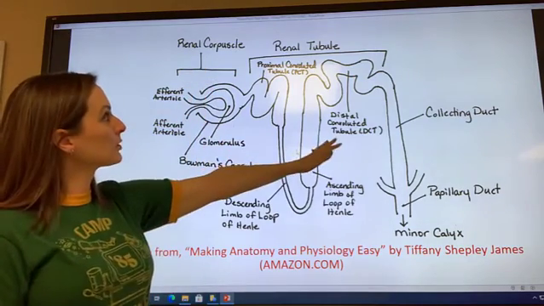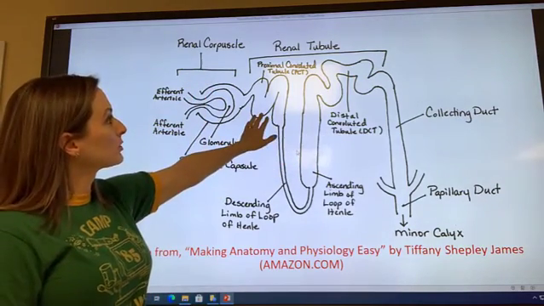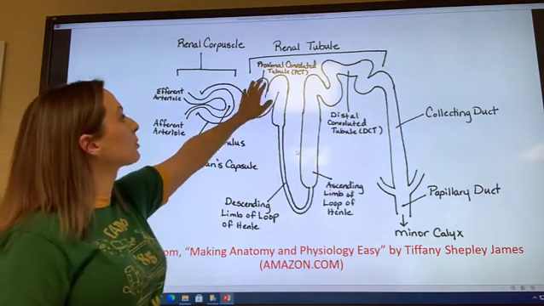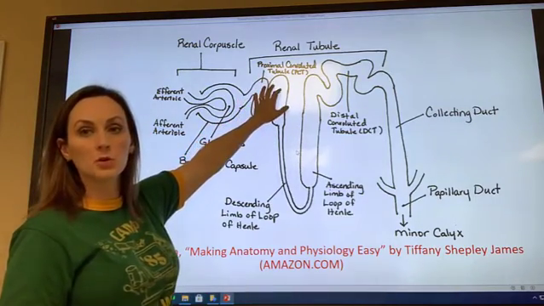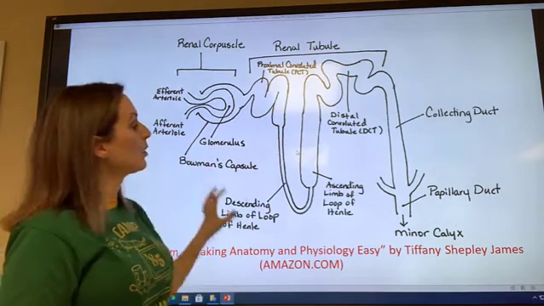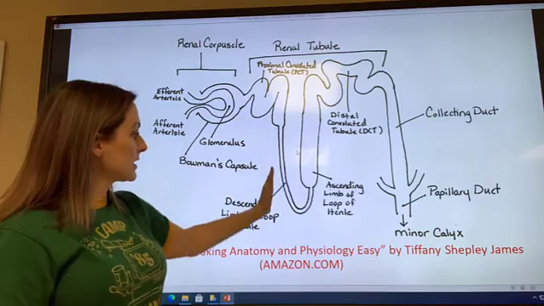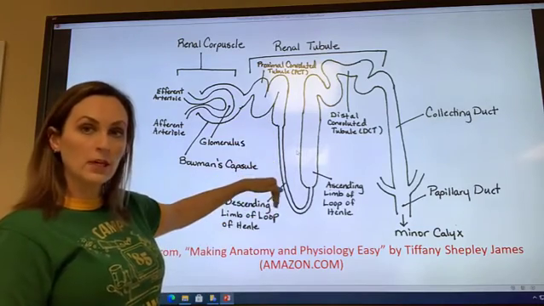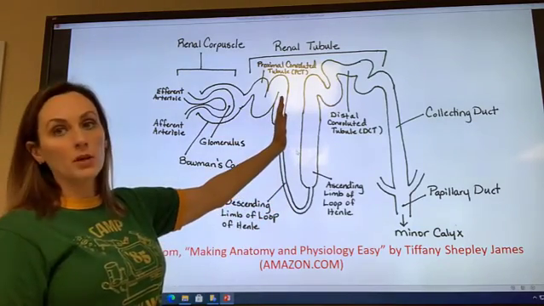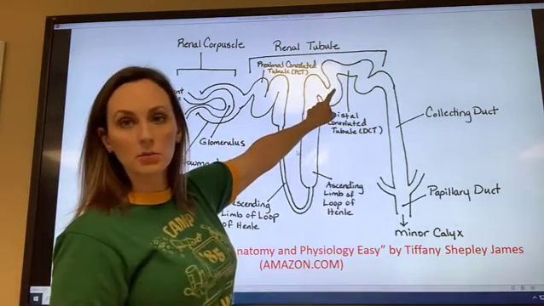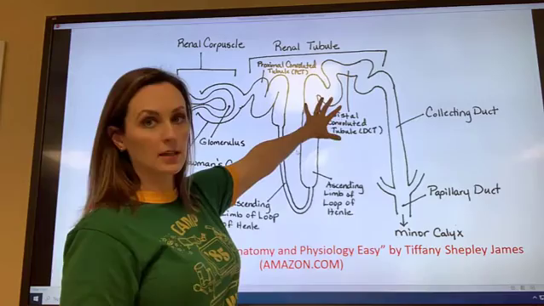Then we move over to the renal tubule. The renal tubule is made up of three things. We have the proximal convoluted tubule, or PCT. We have the loop of Henle, which has a descending limb going down and an ascending limb going up. And then we've got the distal convoluted tubule, also known as the DCT.